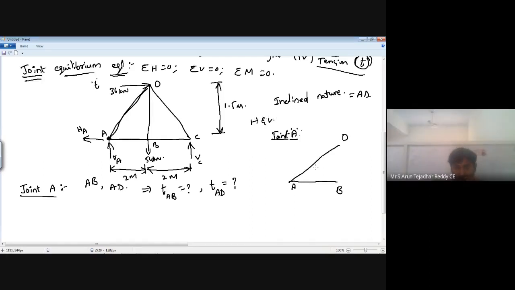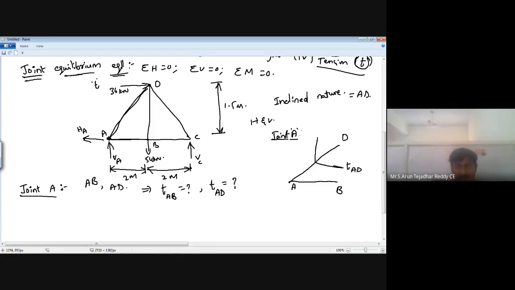So AD is the inclined member, so resolve the forces by horizontal and vertical. See, here we are calculating the tension coefficients TAB and TAD. So here just mention TAD. Why AD? Because we resolve the force of the AD member.